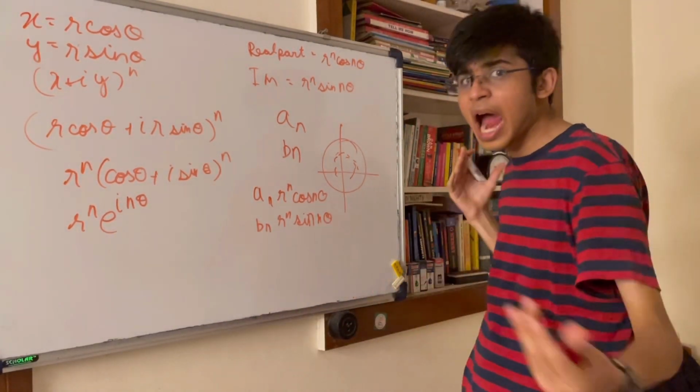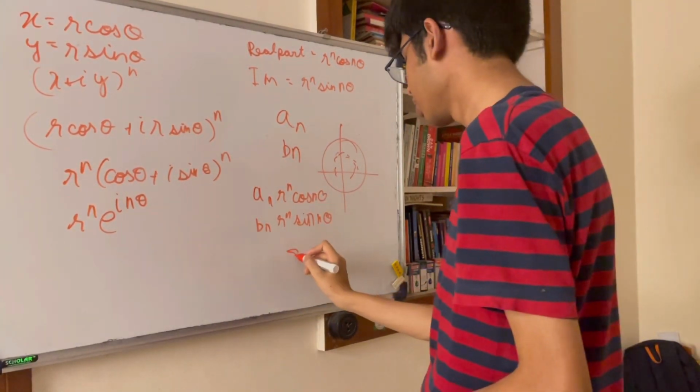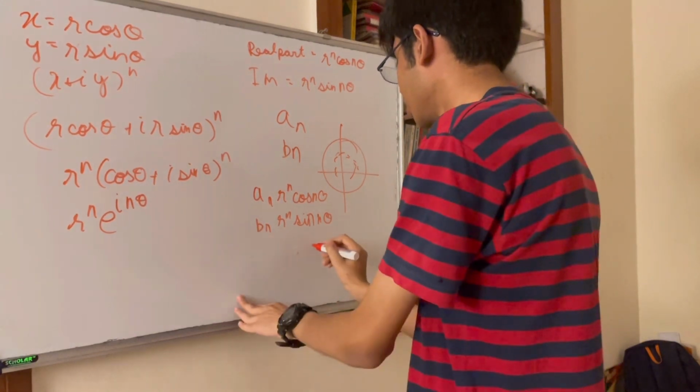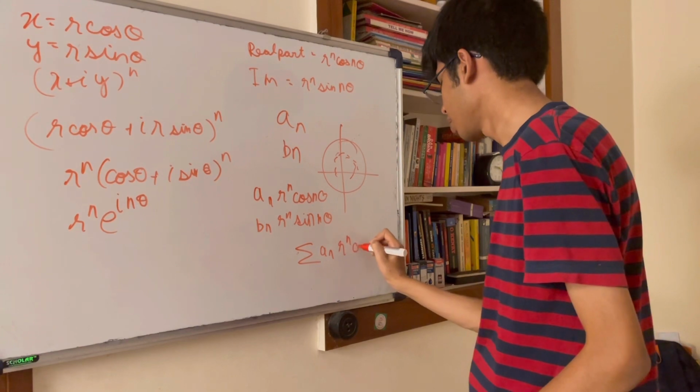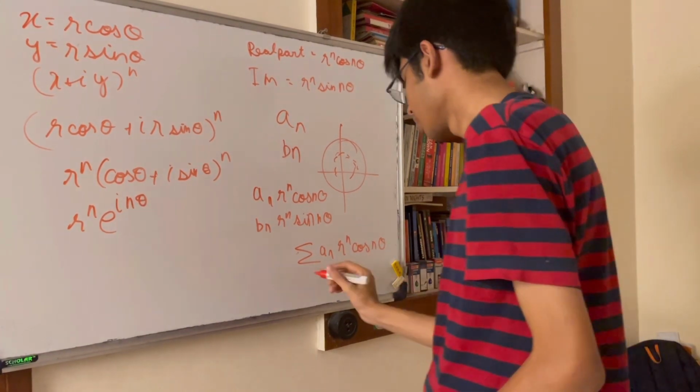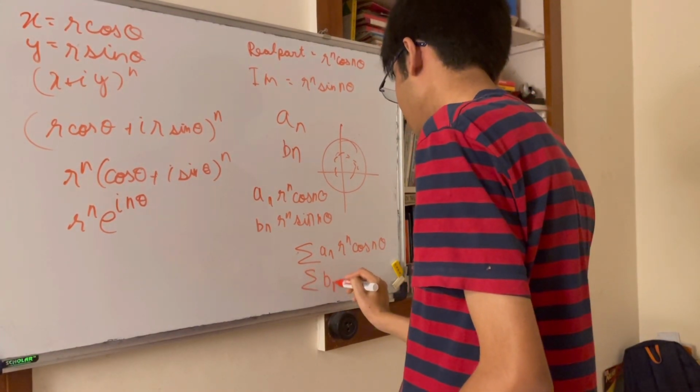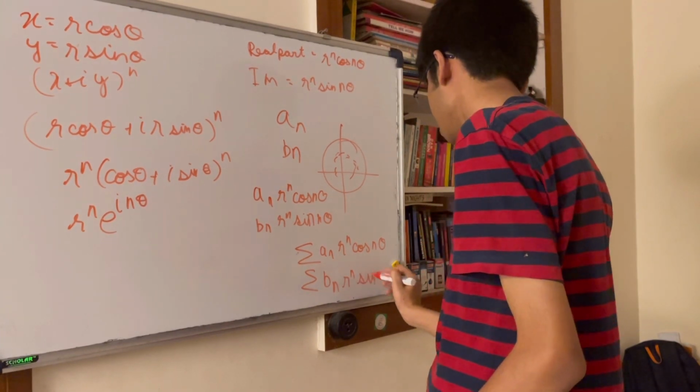So if we want to add all of them up, it is the sum of a_n r^n cos n theta and the sum of b_n r^n sin n theta.